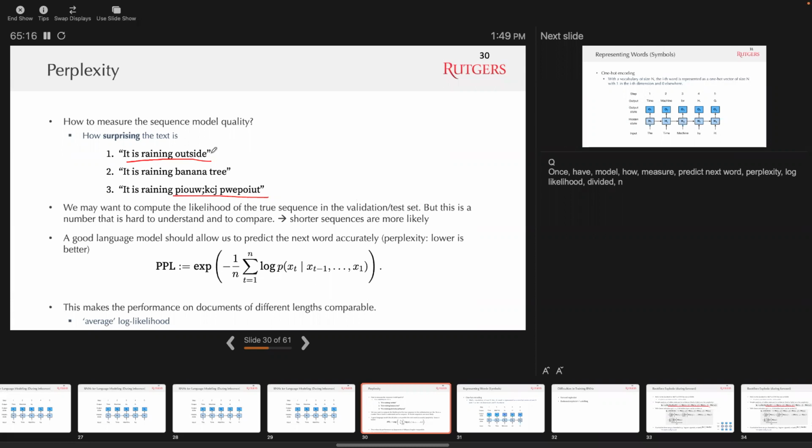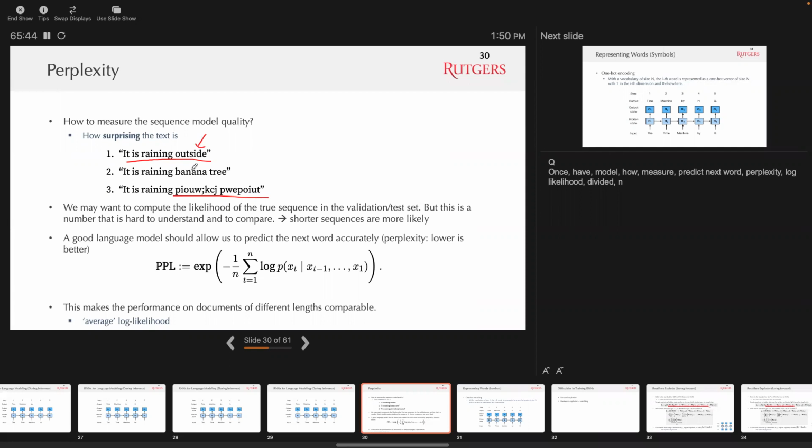If the likelihood of this sentence according to your model is very large, that means the model thinks it's very likely to run into this sentence. That means the model is not surprised. So in this case, it's a good model. A good model should not be surprised by a normal sentence. So this is basically the intuition of how you measure how good a language model is.